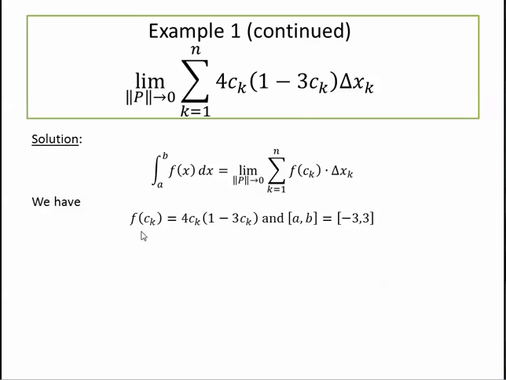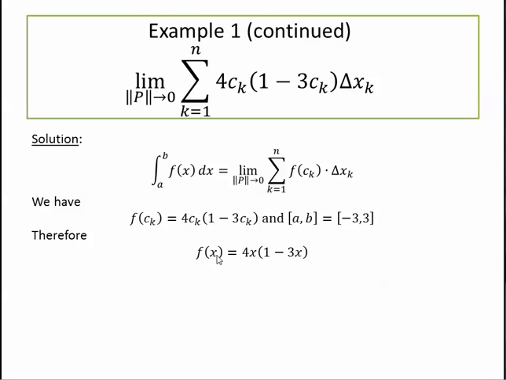So we get that f of c sub k is equal to 4 times c sub k times 1 minus 3 times c sub k. And we know our interval. We said we were going to look at the interval -3 to 3. So to find f of x, I'm just going to replace each of these c sub k's with x.